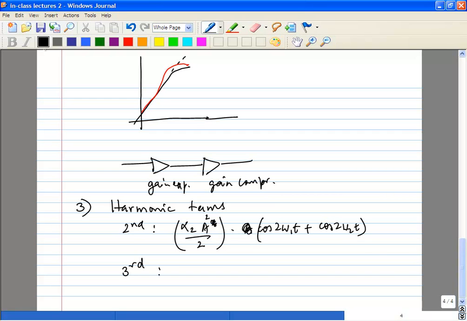The third harmonic is alpha 3 A cube by 4 times, and as we just discussed, these are pretty far out compared to your operating frequency. They're usually attenuated, so you're not interested in these terms anyway.